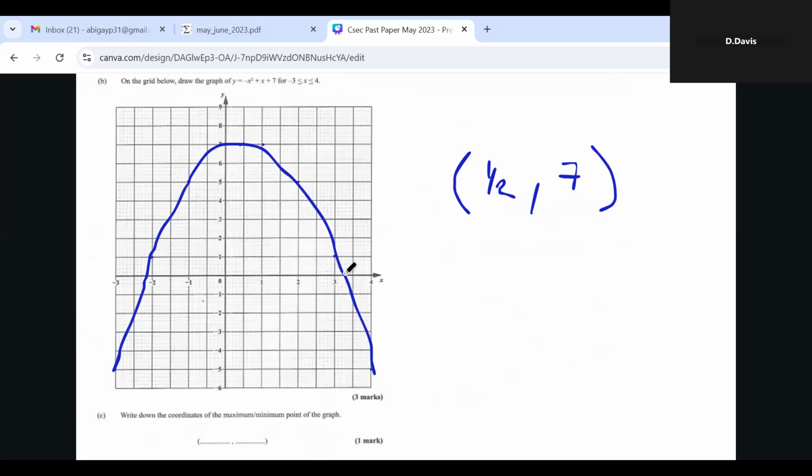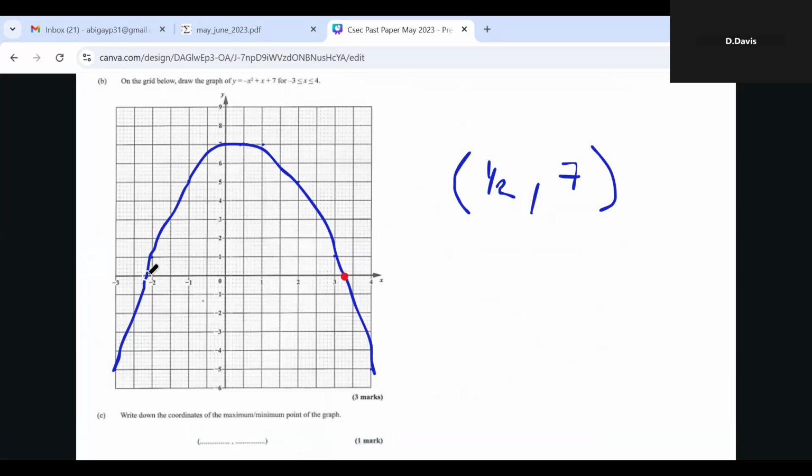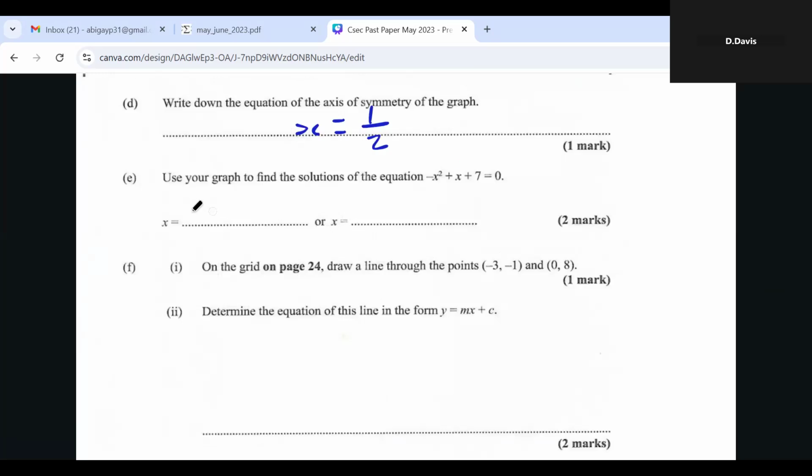Wherever my line touches the x-axis, let me give a different color. So right here and right here, those are my values. So it's going to be 3.3.